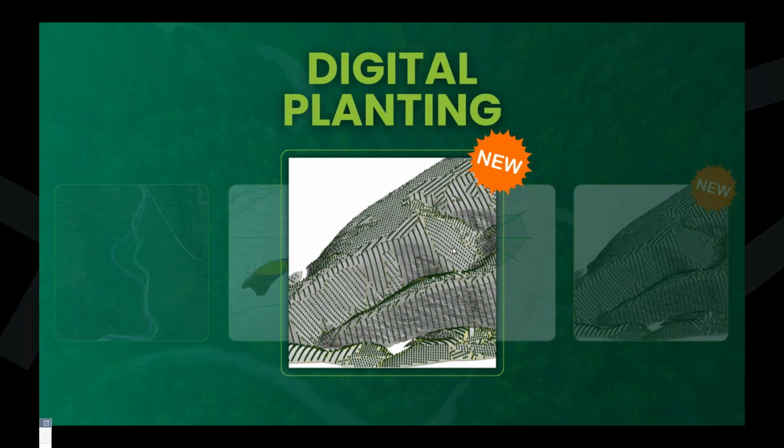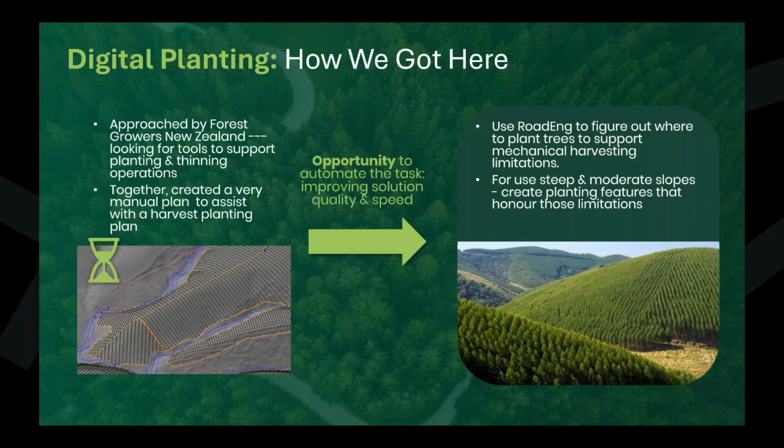Okay, last but not least, we're going to take a look at the new digital planting tool. So I feel like this one's an important one to have a little bit of context first for why we're talking about it and kind of how we got here. So this tool was originally developed with the New Zealand Forest Growers Association to really help them plan where to plant trees.